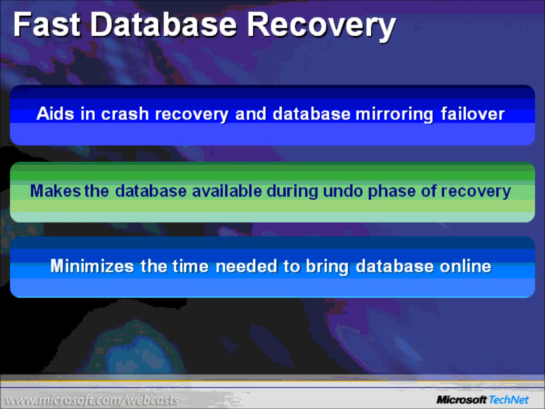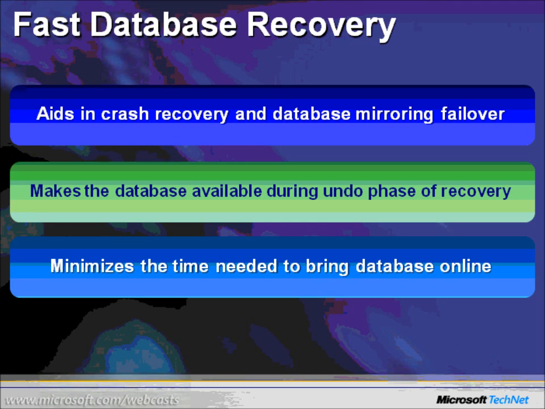As we look at 2005 and 2008 supporting fast recovery, going back to that same example with that 16 gig file, we have access to the 12 gig of the database, and that's immediate as it rolls into the undo phase of the recovery process. So again, you're not waiting for the two-part process to complete. That's what I would consider partial availability during the restore process.